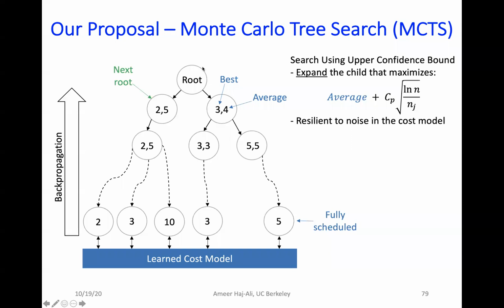And with MCTS, if we started in this root, for example, after we finish the search, and now we want to determine which node or which optimization we're going to take, we look at all the children after the search has finished for this particular node, and instead of taking the average, we take the best. We found this to outperform taking the average because in general we just wanted the best performance.